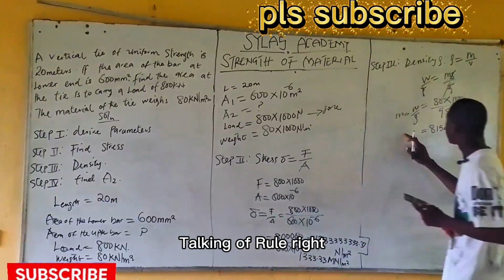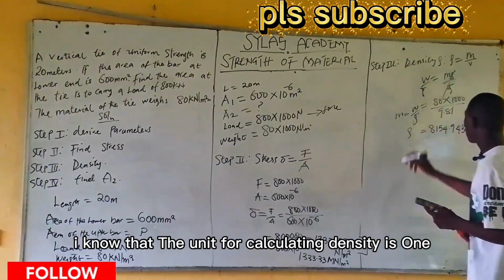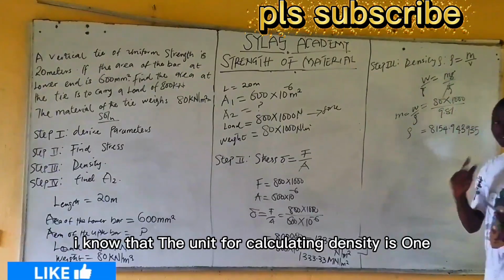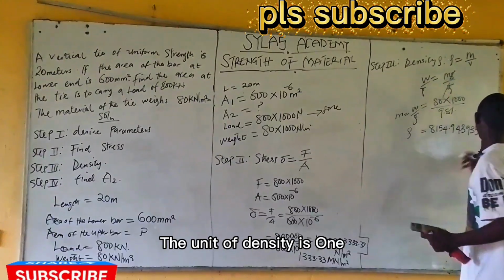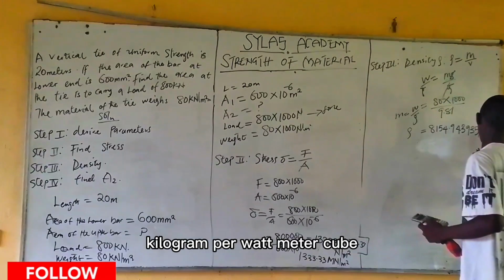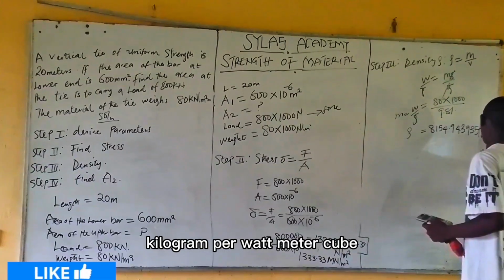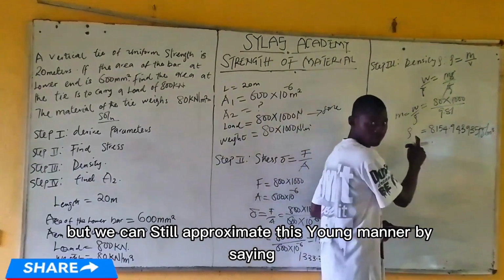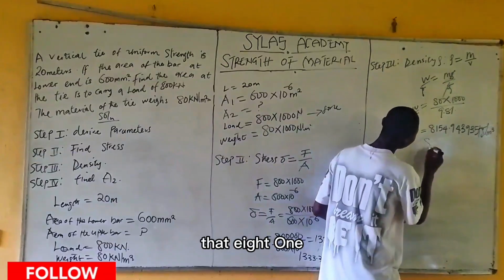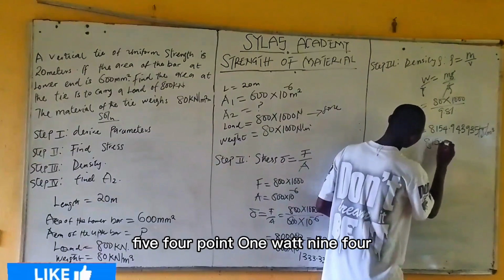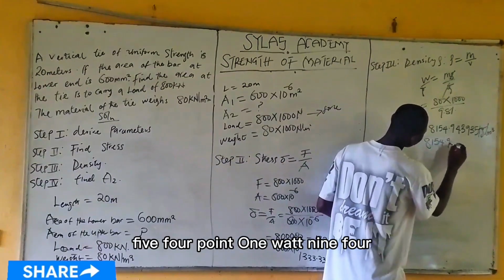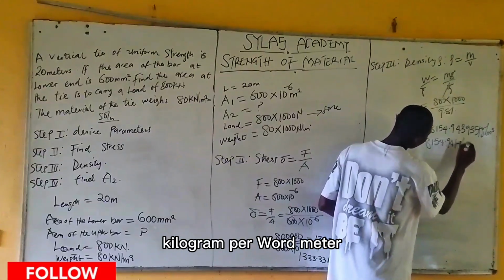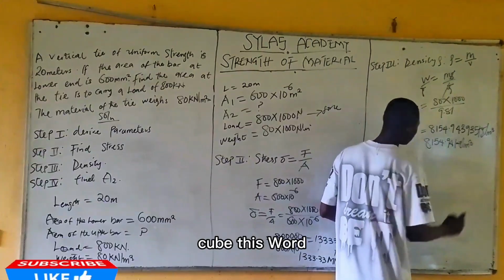Talking of rho, which is density, I know that the unit of density is kilogram per meter cube. But we can still approximate this by saying that 8154.94 kilogram per meter cube.